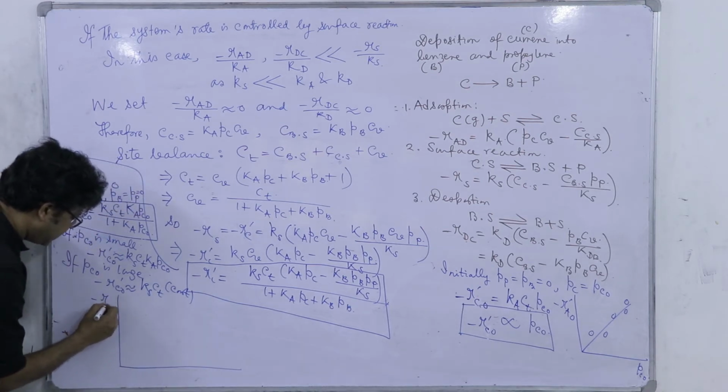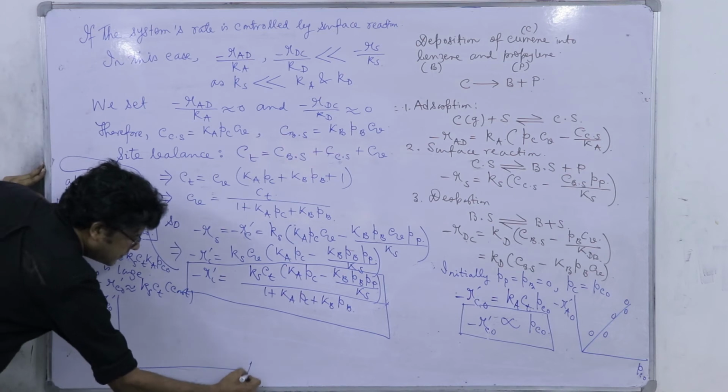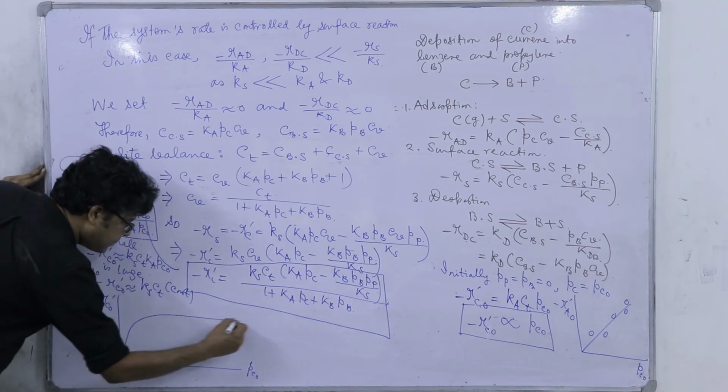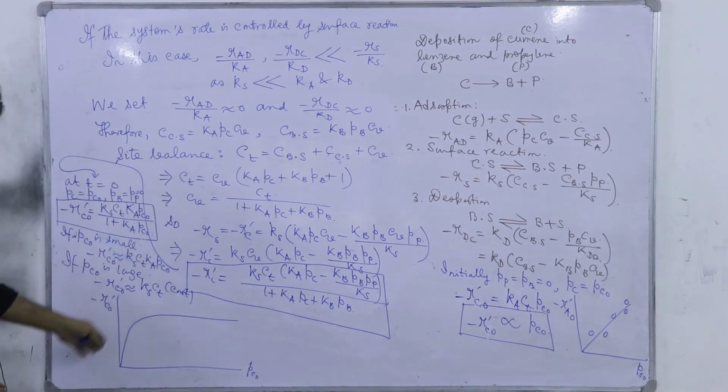So, here is minus of Rc prime versus Pc0 with this sort of curve, increasing and then saturating out.